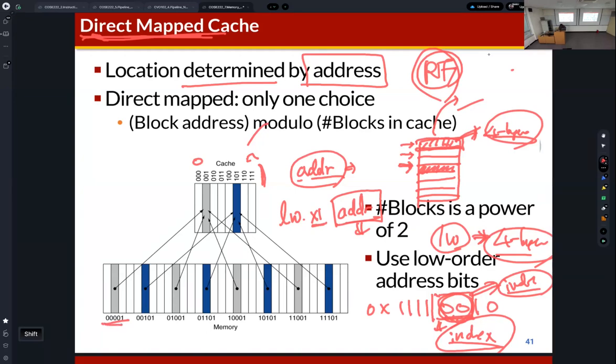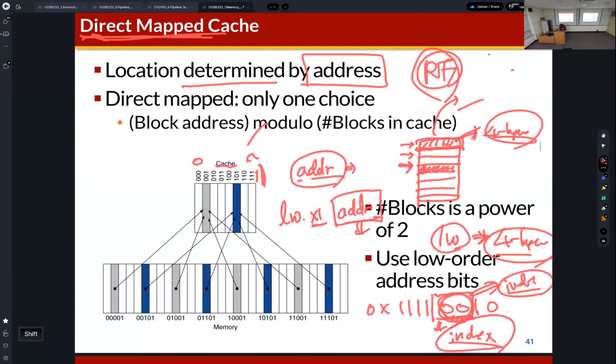But actually for this example, we use the lower 3 bits as the cache index, because the cache index has 3 bits since there are 8 slots or 8 entries.